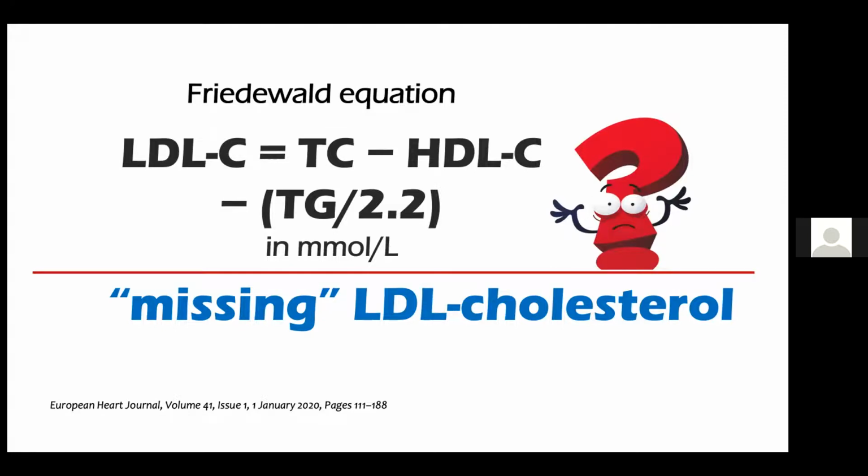So let us be aware of this. LDL can go missing. All that we need to check is whether triglyceride was greater than 4.5. If it is the case, you know that you will be flying blind. You need to treat without knowing what your patient's LDL is.